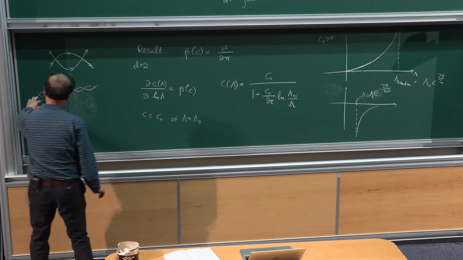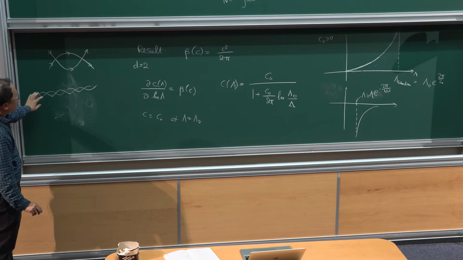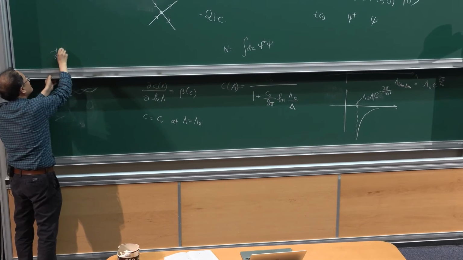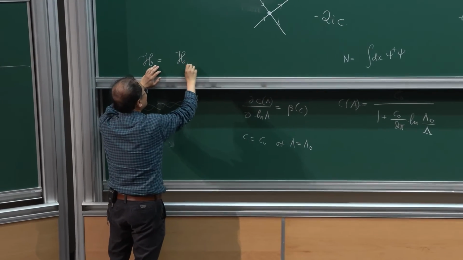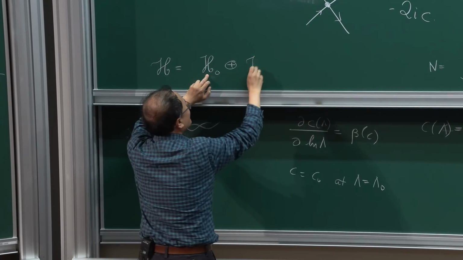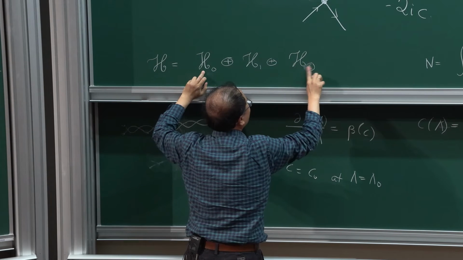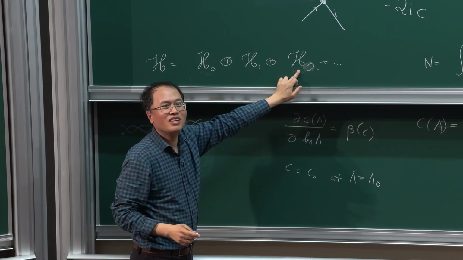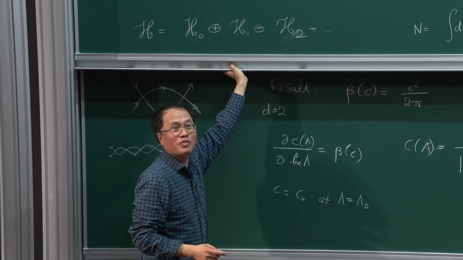And the reason again is that the Hilbert space of quantum mechanics can be decomposed into a direct sum of Hilbert spaces with 0 particles, with 1 particle, with 2 particles, etc. Once we set the initial state in the Hilbert space with 2 particles, all the intermediate states have to be 2 particles.